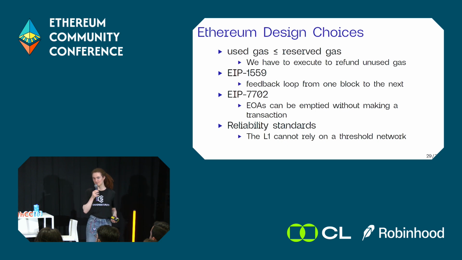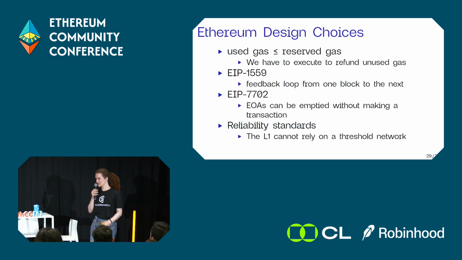Now, design choices in Ethereum itself can interfere with the front-running protection. One is the fact that you expect to only pay the amount of gas that you used and not the amount of gas that you reserved. But that means that at some point we need to be able to execute your transactions.